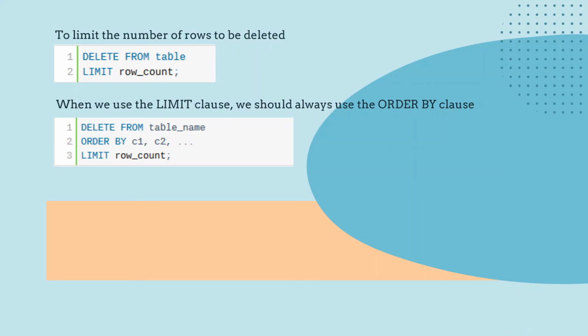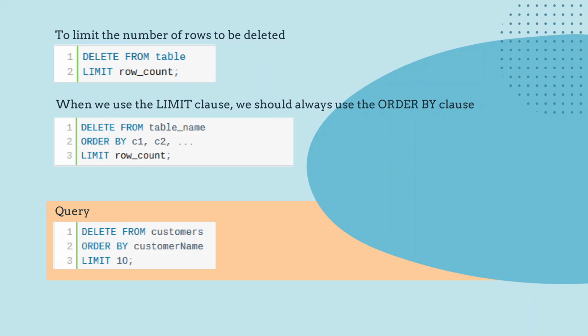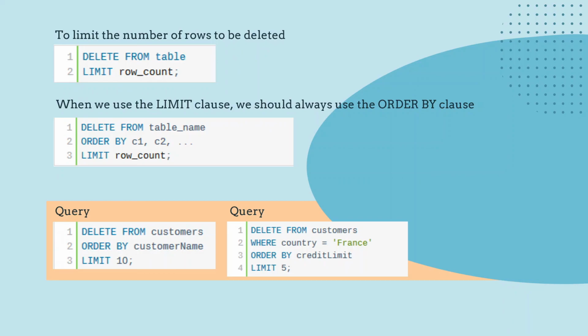We can use delete from table name, then order by specific columns, and then limit, and then row count, and then a semicolon. For example, this statement sorts customers by customer names alphabetically and deletes the first 10 customers. Similarly, this delete statement selects customers in the French country, sorts them by credit limit ascendingly, and deletes the first 5 customers.